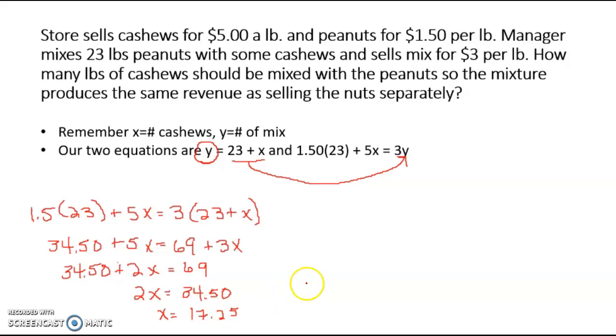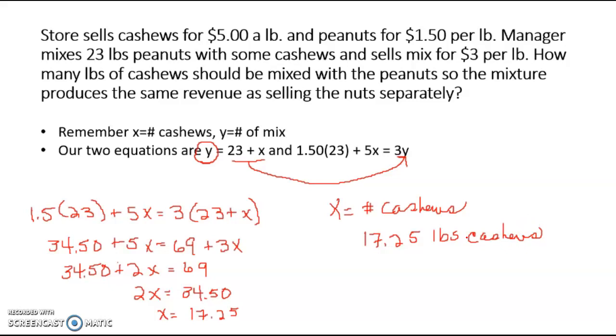That tells me the number of pounds. Since x equals the number of pounds of cashews, this tells us that we need 17.25 pounds of cashews. And that was the answer that we needed there.